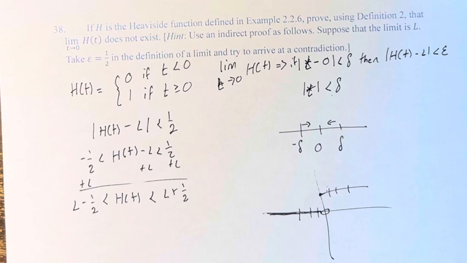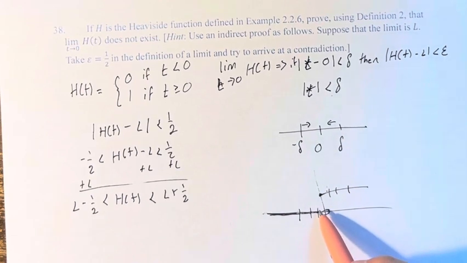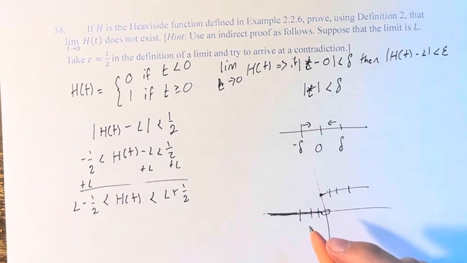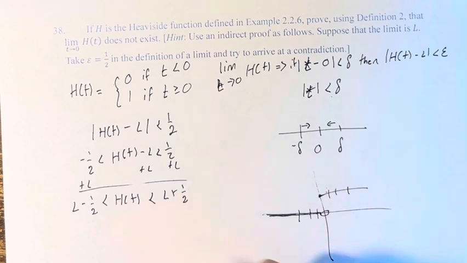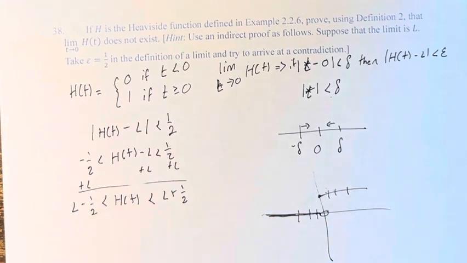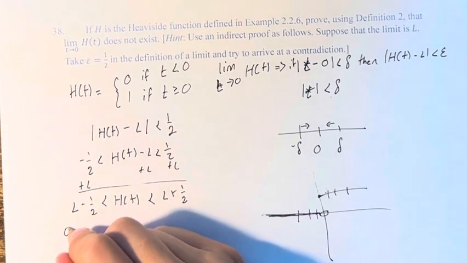So what does that mean? Let's say L is equal to 0.5, right? Or let's say 0.49.